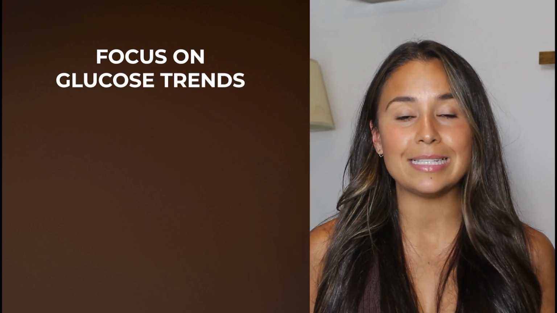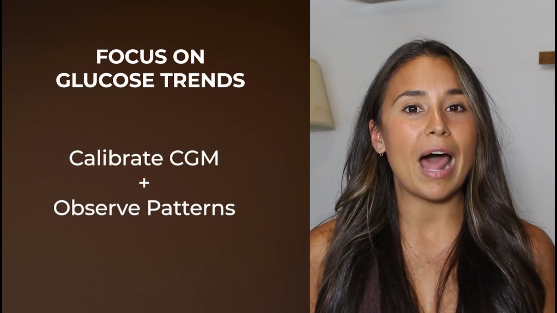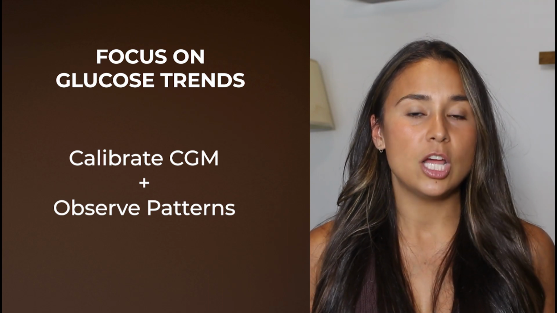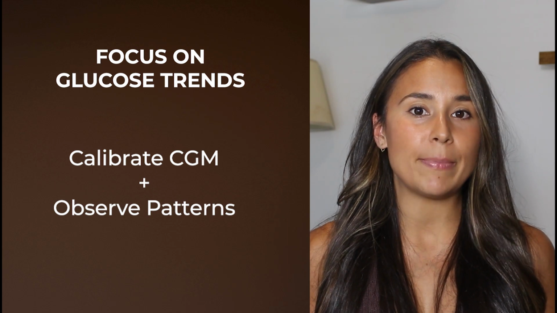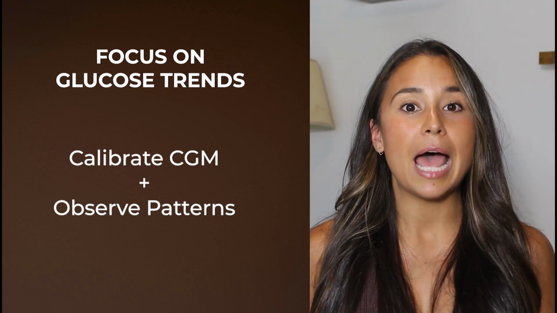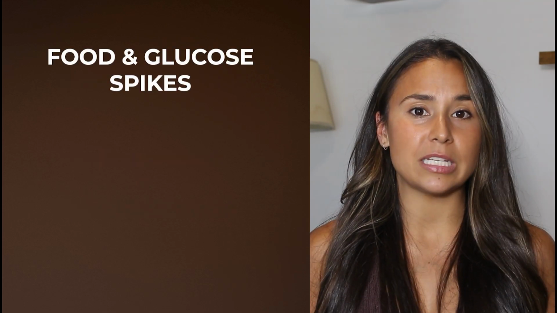So it's important that yes, you calibrated your CGM, but that we're also more so looking at trends in data and looking at what we call glucose excursions rather than just the raw data. What I mean by that is we want to see how your glucose changes are happening from different types of events, such as how is exercise impacting glucose control? How is what you eat impacting glucose control?